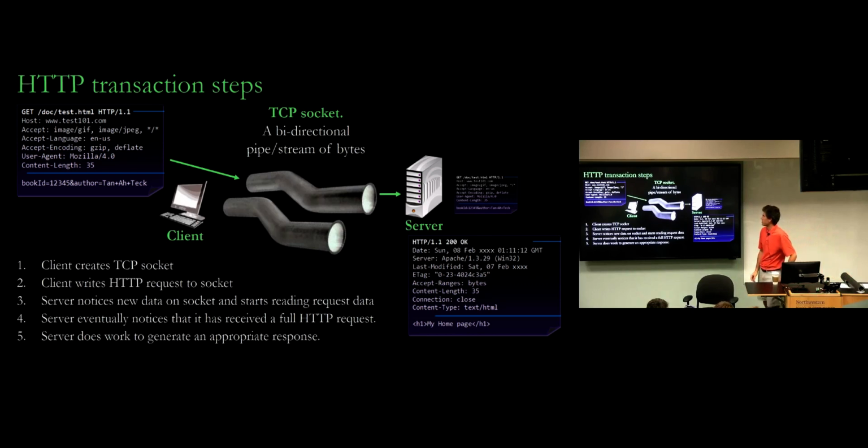How the server knows that it should interpret the message as HTTP is usually based on the port number that was used. So this TCP connection was established by the client to connect to a certain server on port 80. That's the default HTTP port.